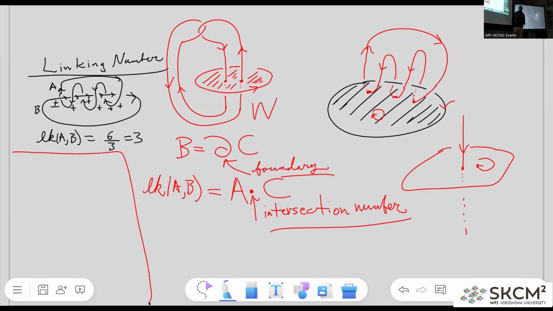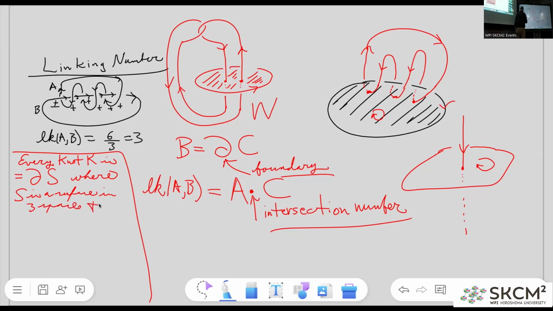So here's a nice fact that we could end today with. Every knot is equal to the boundary of S, where S is a surface in 3 space.